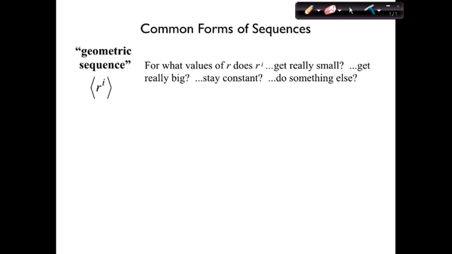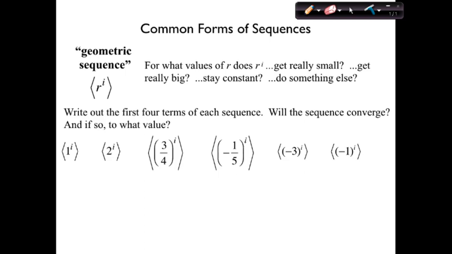Okay, so the question is, for what values of R does R to the I get really small, or get really big, or stay constant, or do something else? So we investigate different values of R and make conclusions about what the sequence does. So let's look at these examples.